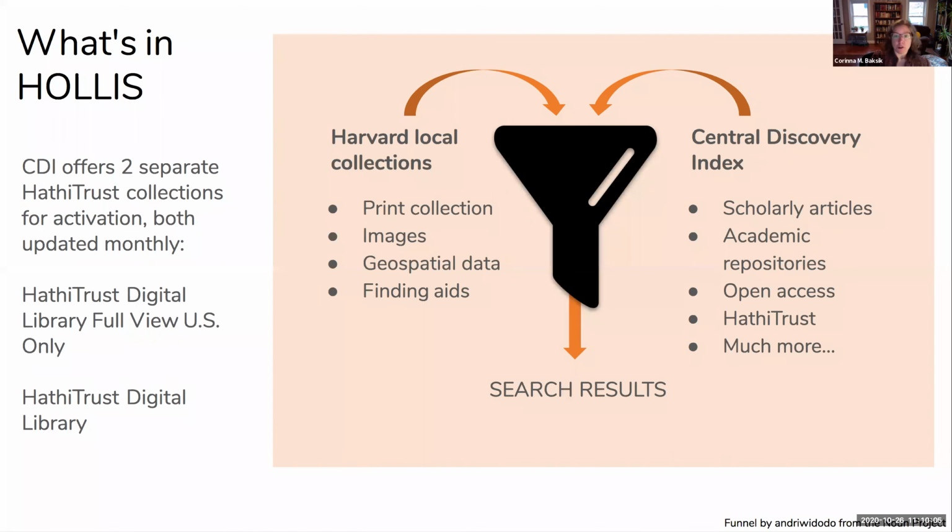You can't search the object or the book itself in Primo. You can only search the metadata. For the limited search items, I believe Ex Libris is full-text indexing the open access HathiTrust items. But what we have activated is the full view US only. So those are the things that our users might encounter.